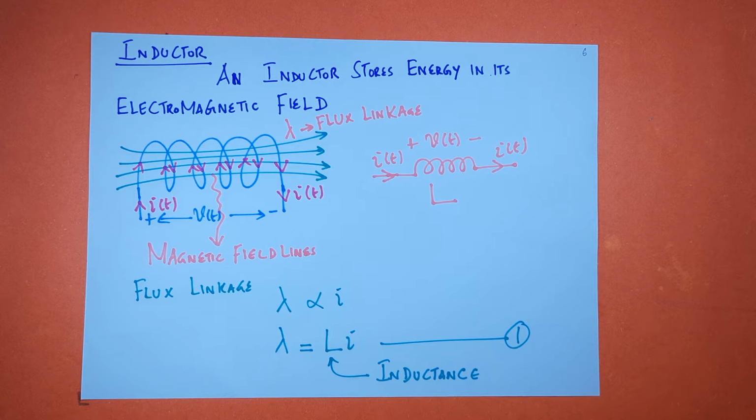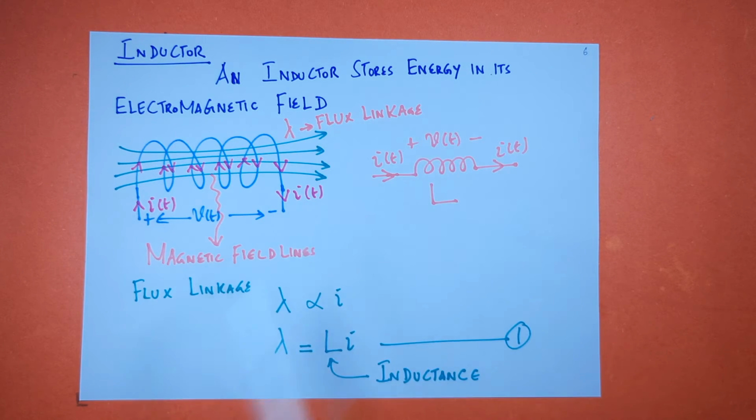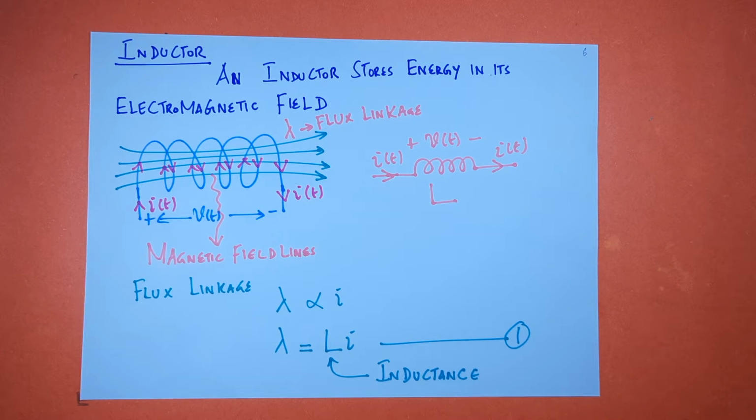So the magnetic field lines linking with this coil are called a flux linkage. The symbol for flux linkage is lambda. In some old books, they use the symbol psi.